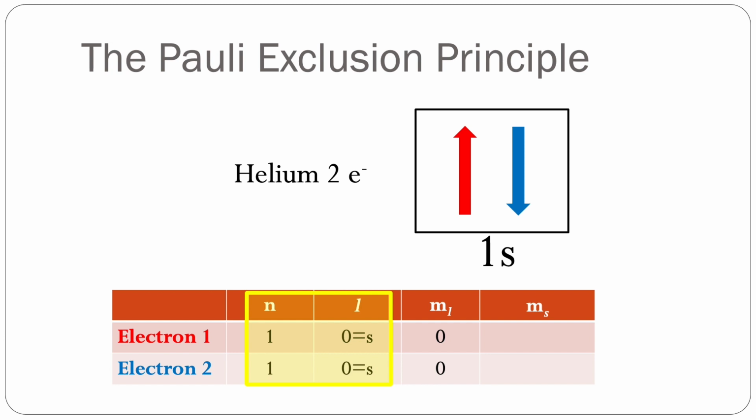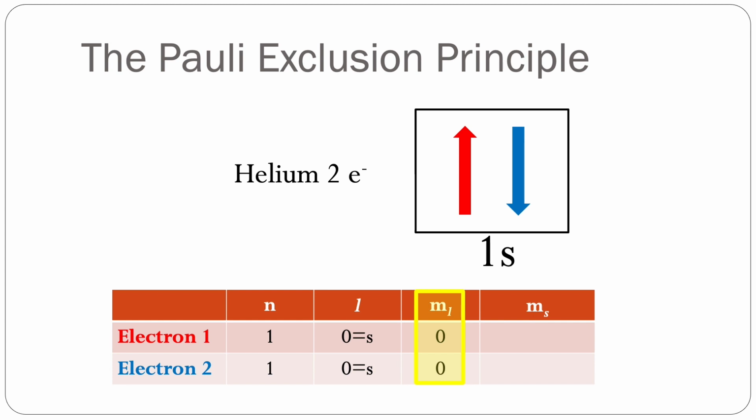Because the angular momentum is 0, the magnetic quantum number equals 0. The significance here for our example is that the 1 magnetic quantum number answer means there is only one atomic orbital, or one 1s orbital. So far, both electrons can be assigned the combination of 1, 0, 0.